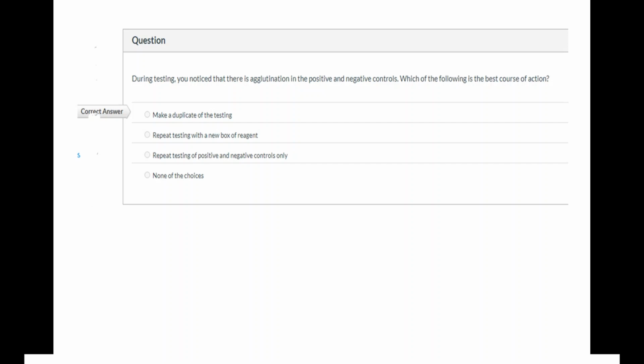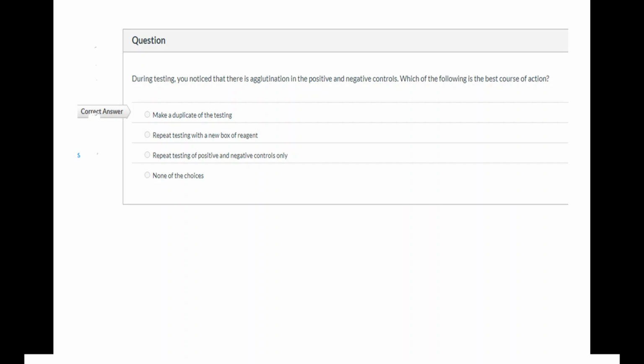So, to make sure and to validate that what we did at first was truly a discrepancy, and to make sure that we did not incur any error during testing, we have to repeat the entire testing process.